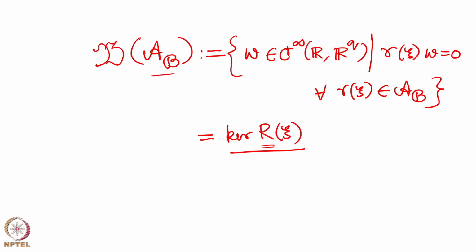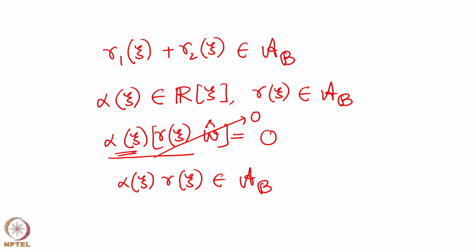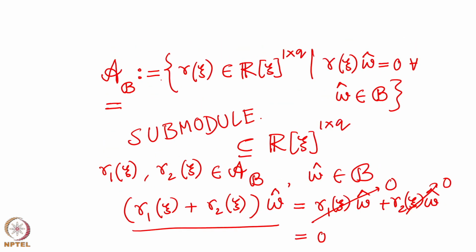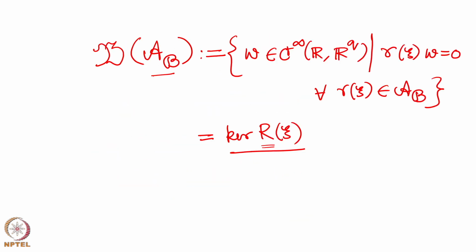So you see, we started with a collection of trajectories, namely this B. We looked at its annihilator module, and then we looked at the behavior corresponding to the annihilator module, right? What can we say about this behavior? This behavior certainly contains this set B. B was a set of C infinity functions, and the way I formed this annihilator is that the elements of the annihilator kill every element of B, correct?